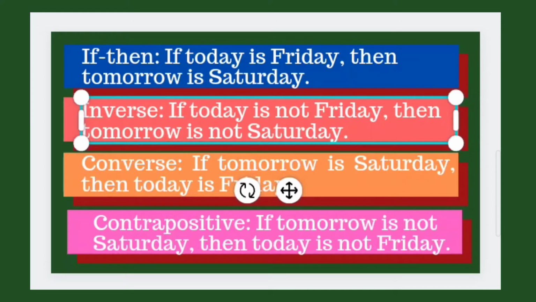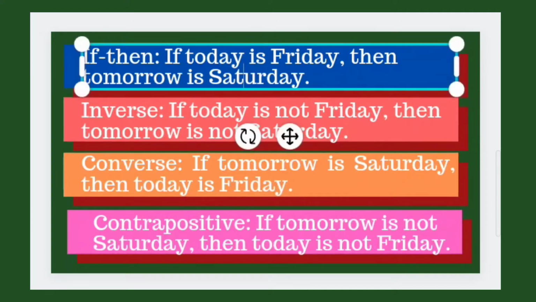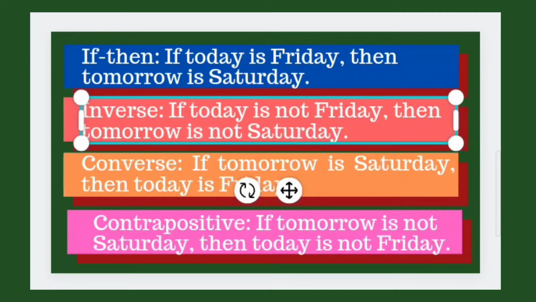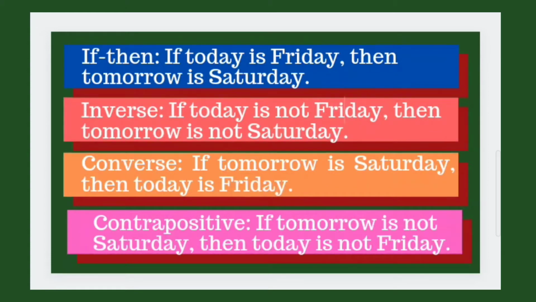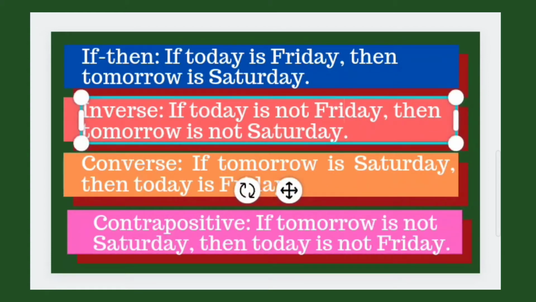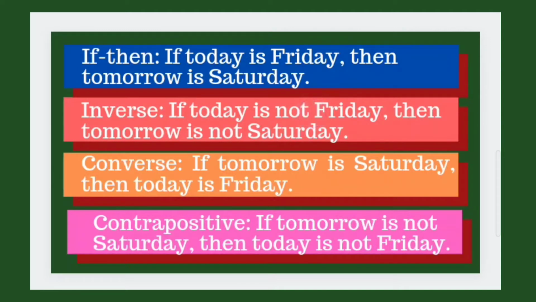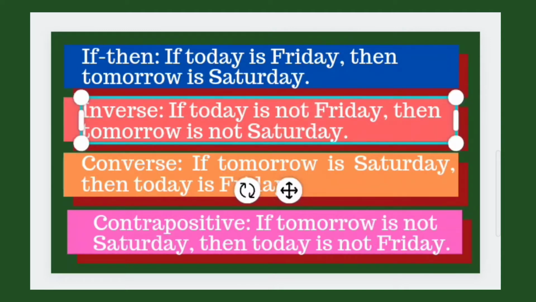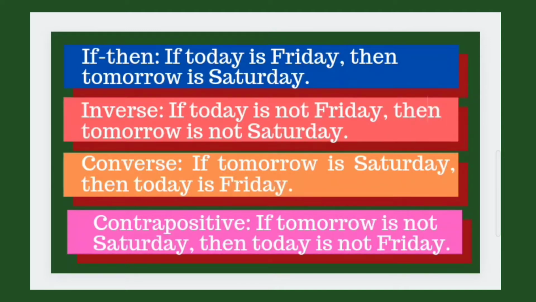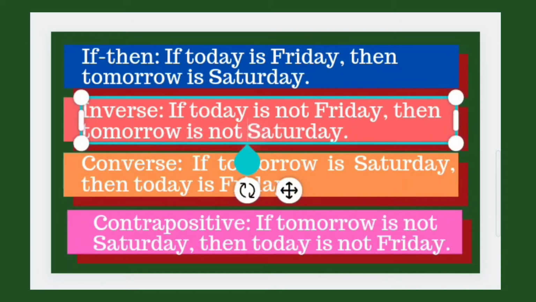The opposite of the positive is negative. So we are going to have this one. If today is not Friday, so the opposite of "today is Friday" is "today is not Friday." That will be our hypothesis. And then the conclusion would be, then tomorrow is not Saturday.